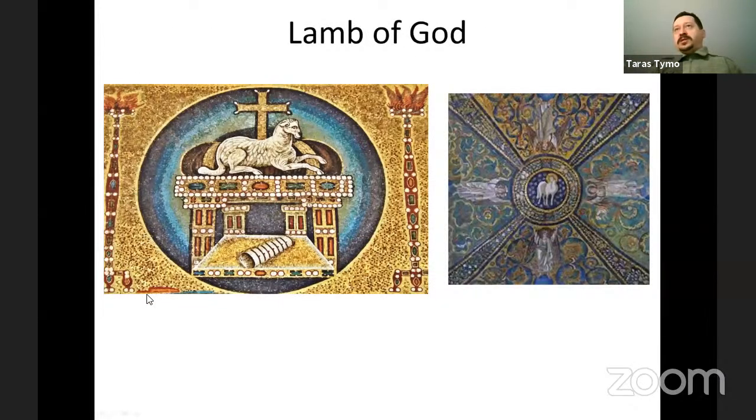The other representations of this symbolic type would be the well-known Lamb of God that occurs many times in mosaic art, for example in Ravenna, but also in other places on sarcophagi and various carvings, stone reliefs, and so on.